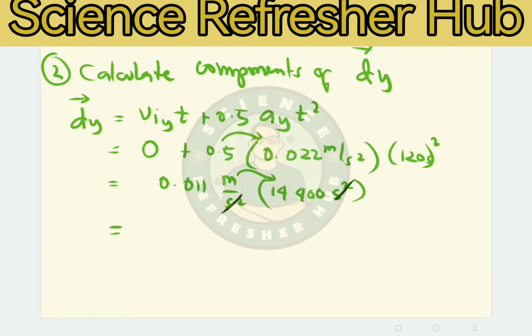So let's continue by multiplying 0.011 times 14,400. So the answer is 158.4 meters. This is the displacement in the y direction.